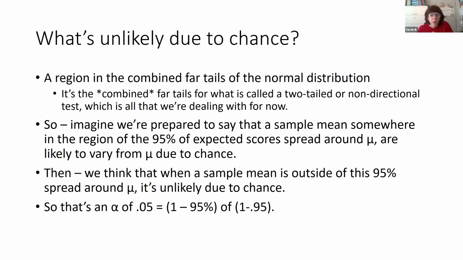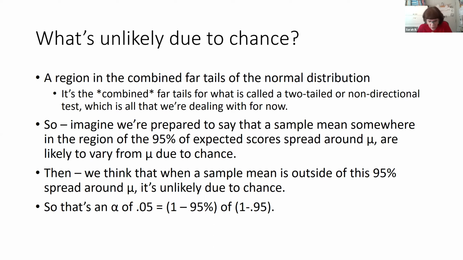So imagine that we're prepared to say that if we have a sample mean somewhere in the region of the 95% of scores that are spread around mu, the population mean, we're going to be okay with saying that those are likely due to chance. We want to be safe. We don't want to say that 10 or 20% of scores can be outside the boundaries.